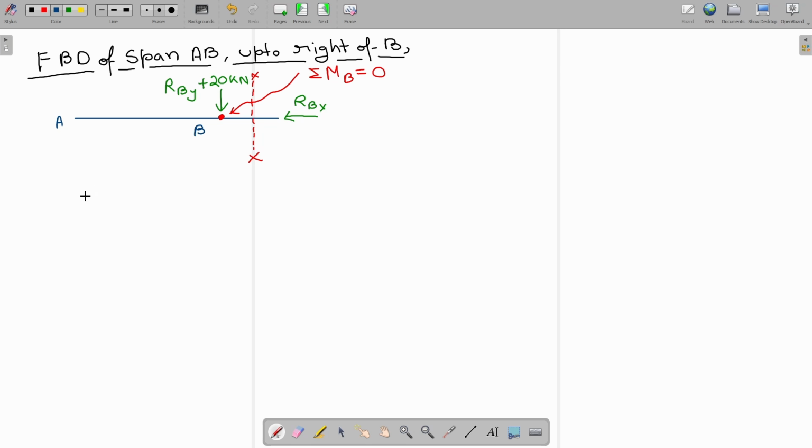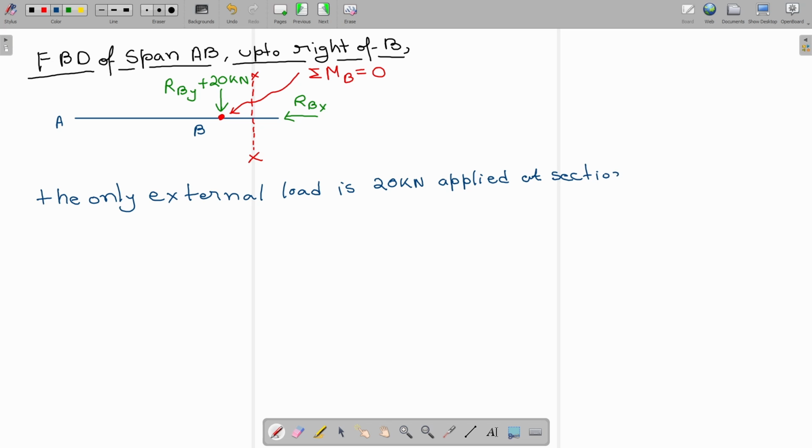Now for the theory part, we can write like this. The only external load is 20 kilonewton applied at section B. Therefore, shear force immediate to the right of section B is 20 kilonewton.